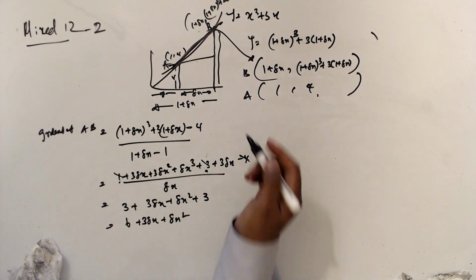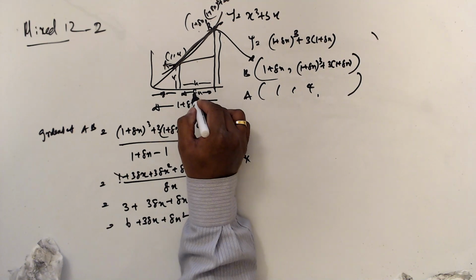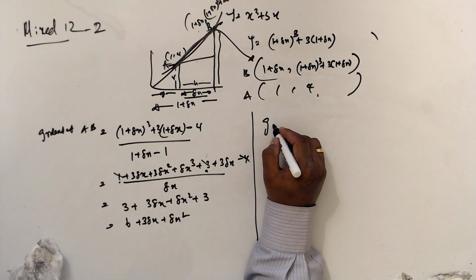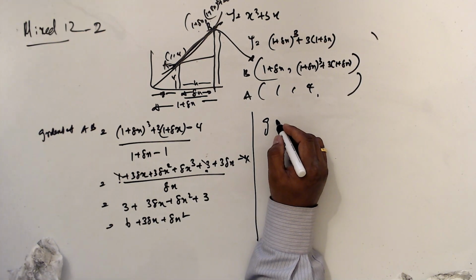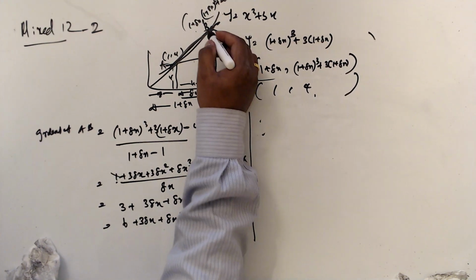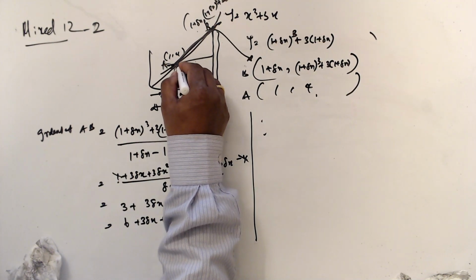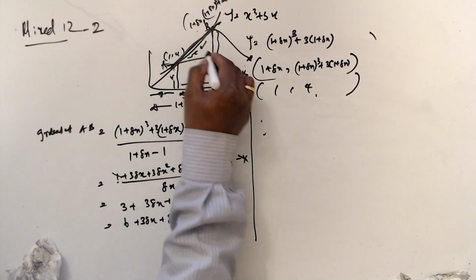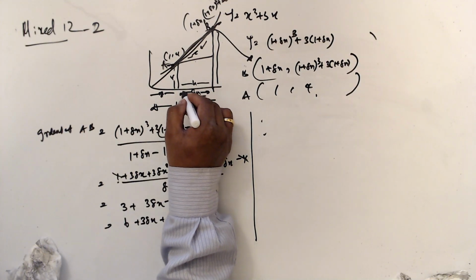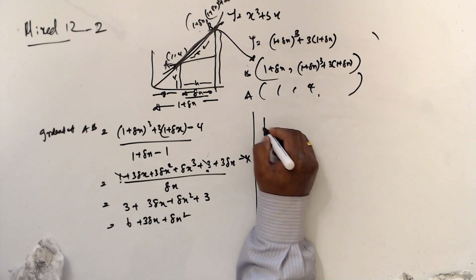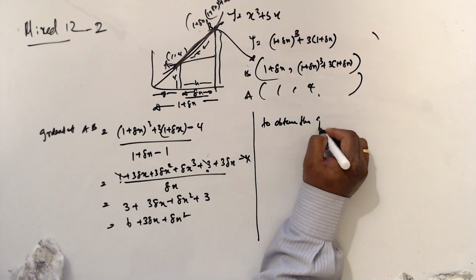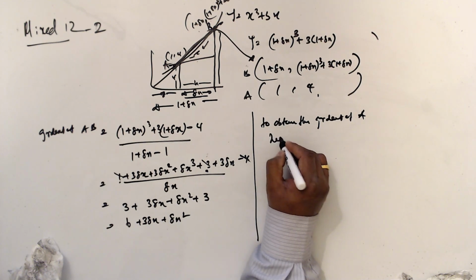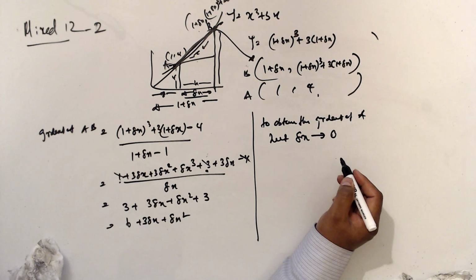Now we want to reduce. Instead of h, this is delta x. Now we want to send delta x to 0. We have to push B towards A to get the gradient at A. How do we push B towards A? By reducing this delta x, making it 0, to obtain the gradient at A. Let delta x tend to 0.